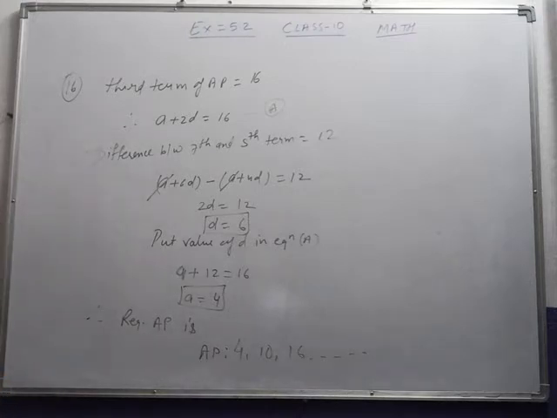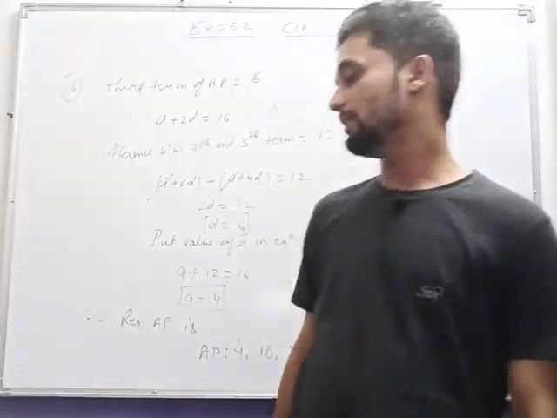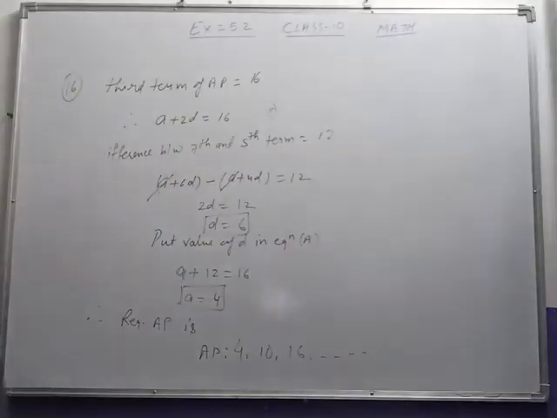Now similarly, just see question number 17, one more question. Find the 20th term from the last term of the AP. Last term of the AP means from the back side. So A will be what? A will be 253, and the difference, as you know, we have to see from the last term only.